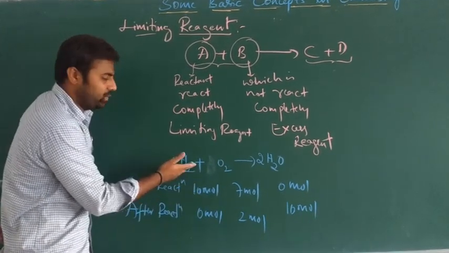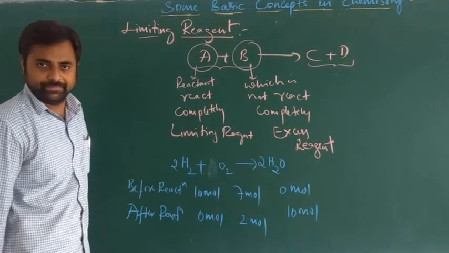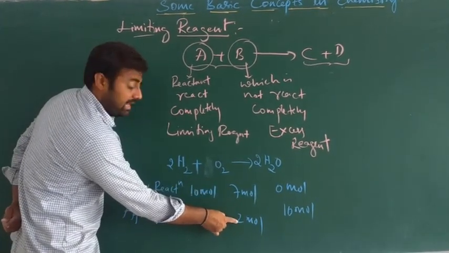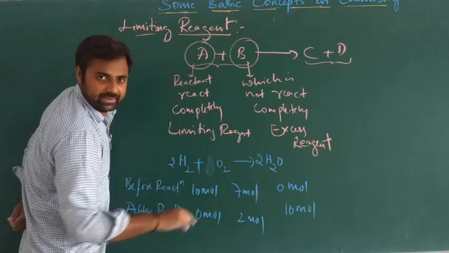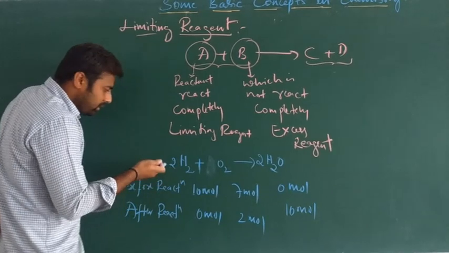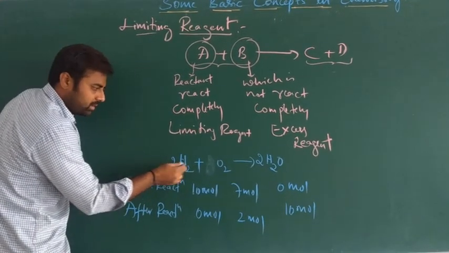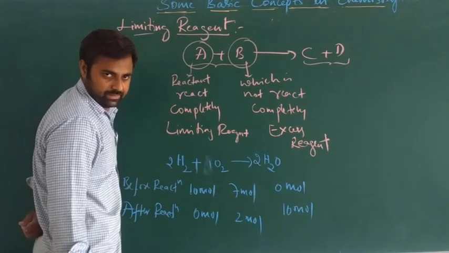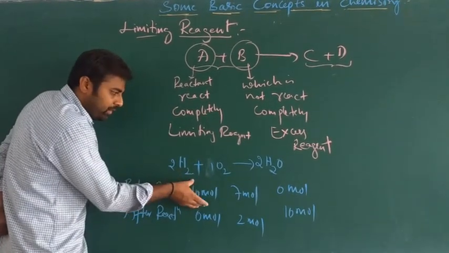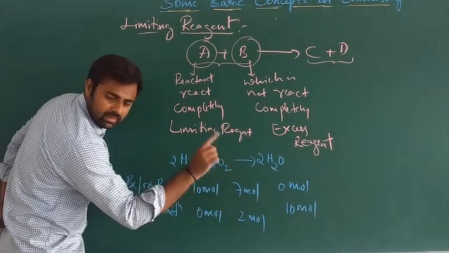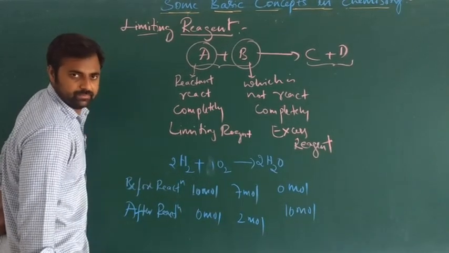It means the hydrogen reacted completely with 5 moles of oxygen, 2 moles of oxygen are unreacted, and 10 mole of water is produced. 2 moles of hydrogen combine with 1 mole of oxygen to give 2 moles of water. That means 10 mole of hydrogen combines with 5 moles of oxygen only. The 2 moles of oxygen remain as such.